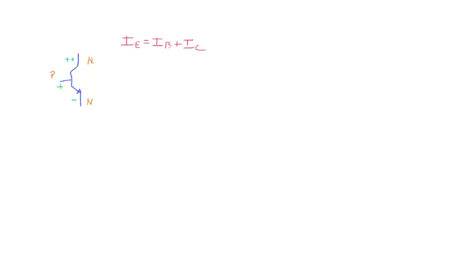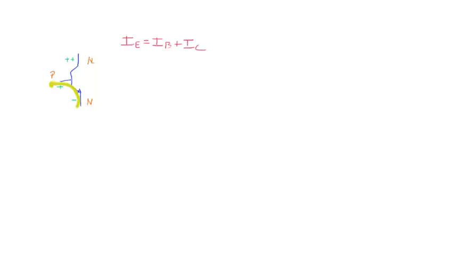So when I think of this, I always think that the electrons flow from a lower potential to a higher. So if this device is on, the emitter current, some of it will go through the emitter base junction and out.